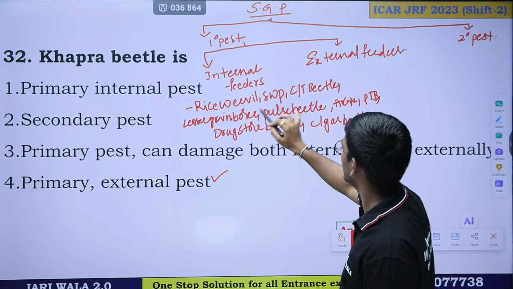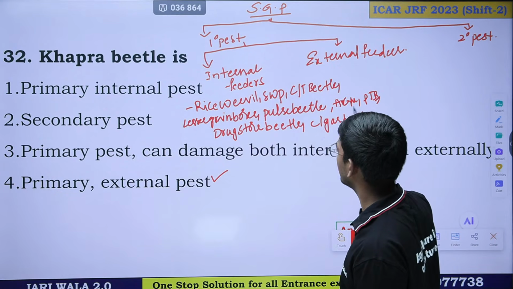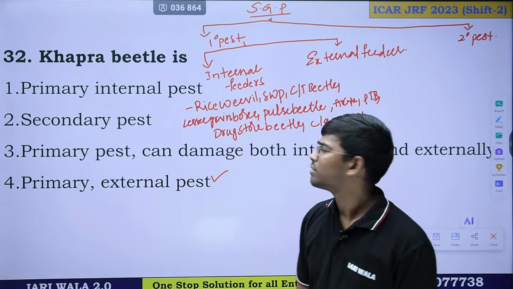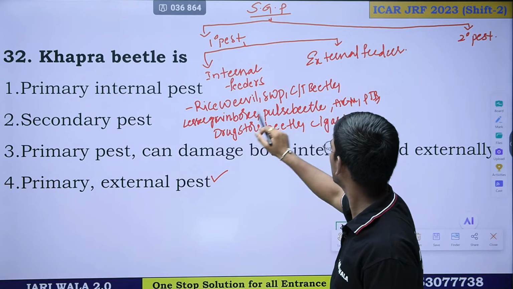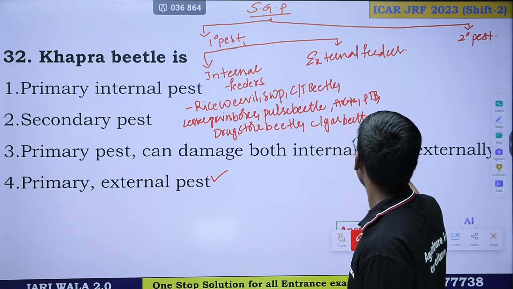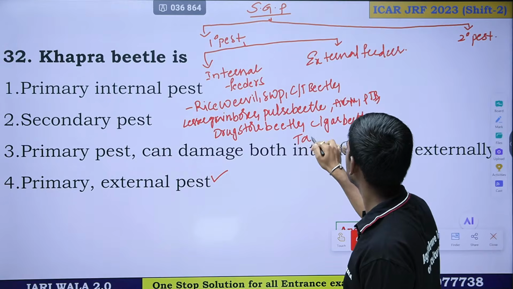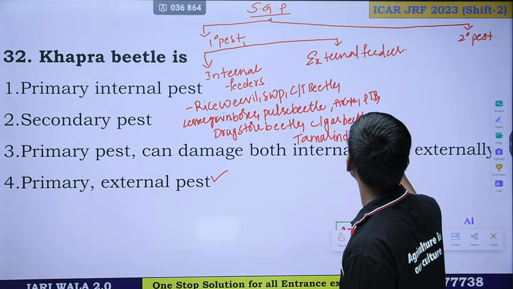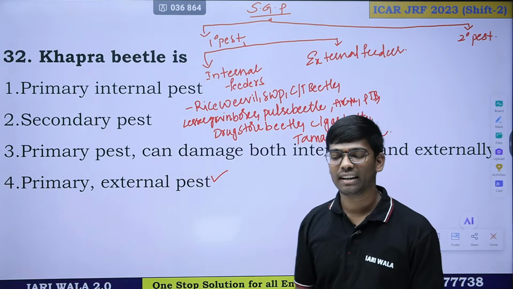Just 10 completed: 1, 2, 3, 4, 5, 6, 7, 8, 9, 10. And one more is tamarind beetle. So these are the internal feeders.